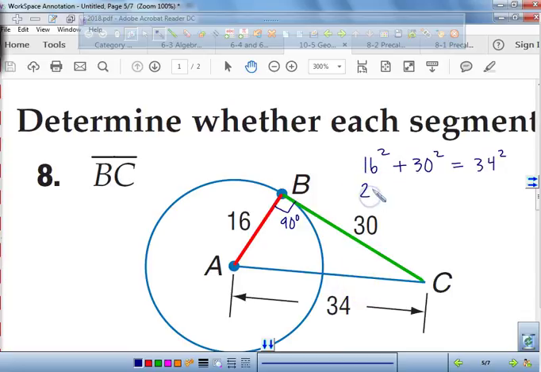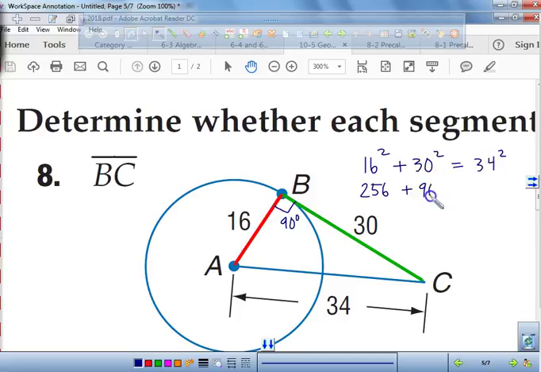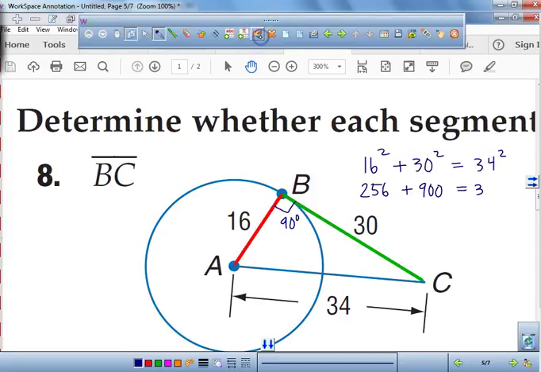16 squared is 256. 30 times 30 is 900. 34 times 34? Is it 1,156? Yeah.